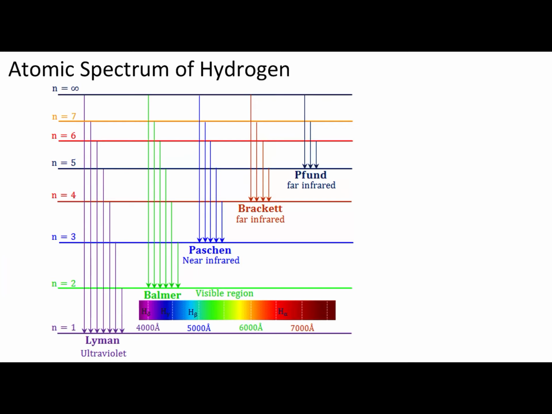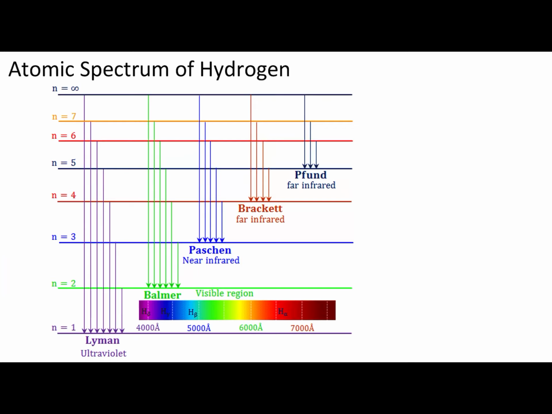The first 5 series of lines that correspond to n1 equal to 1, 2, 3, 4, 5 are known as the Lyman series, Balmer series, Paschen series, Brackett series and Pfund series respectively. Here you can see the spectral lines or spectral series of transition for the hydrogen atom.